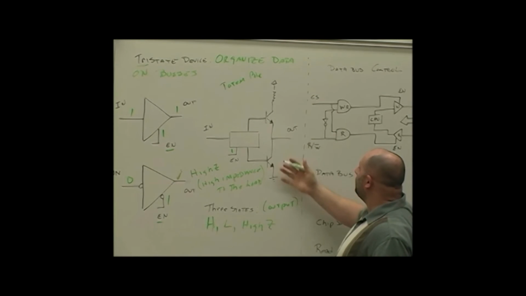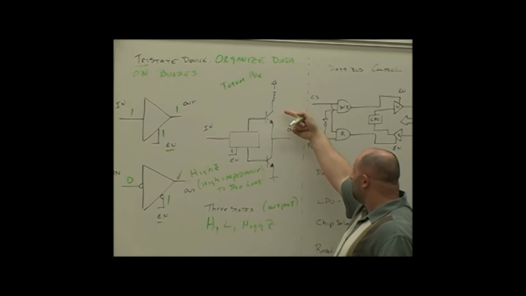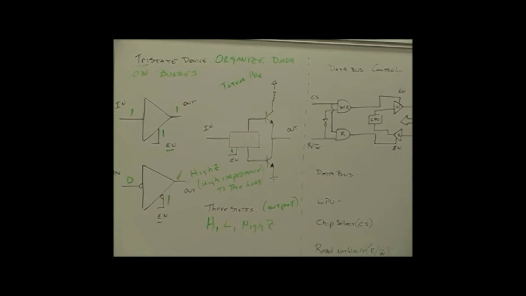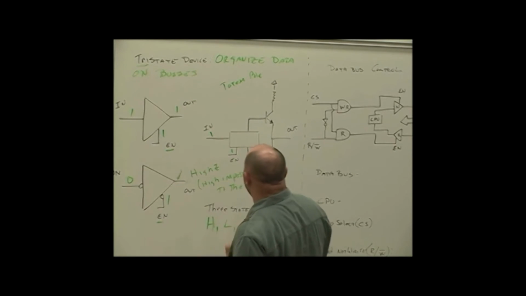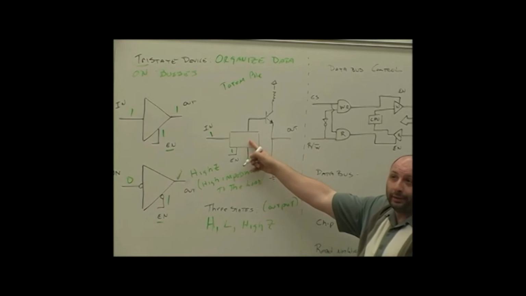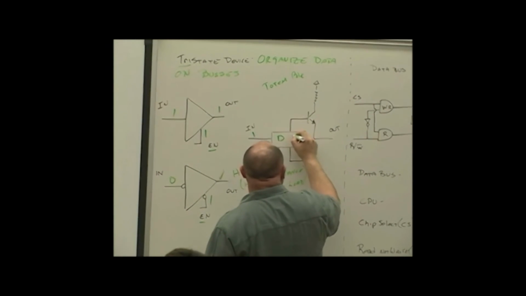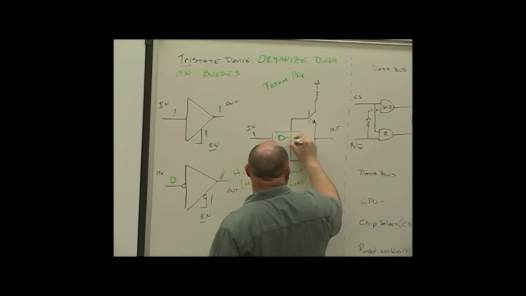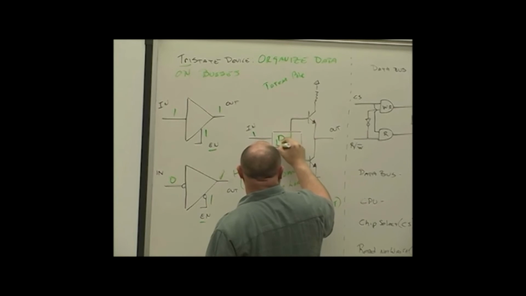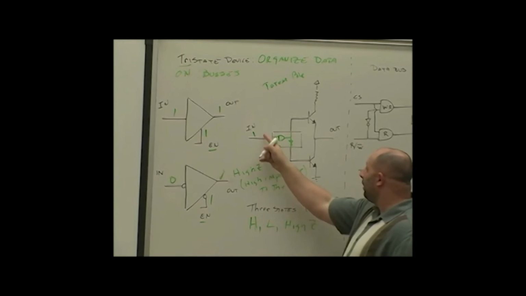What's going to cause the top transistor to conduct or be in a high state? Okay, so let's see. Remember I had the what? I had an AND gate drawn inside and an inverter. So a 1 and a 1 on an AND gate, output is what?